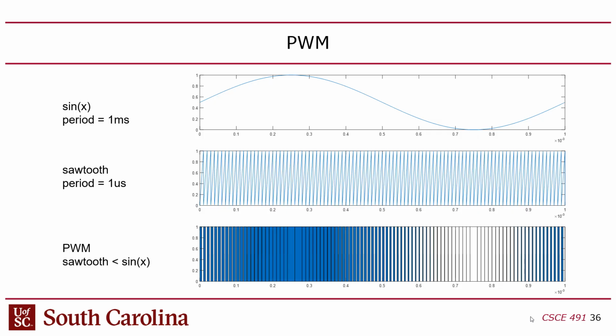If that value is greater than the sawtooth signal, or likewise if the sawtooth is less than the modulated signal, so you're just doing this comparison, then you put out a 1, otherwise you put out a 0, right?